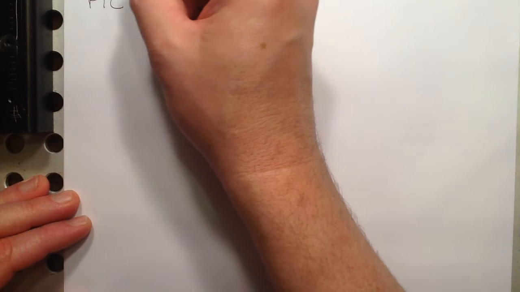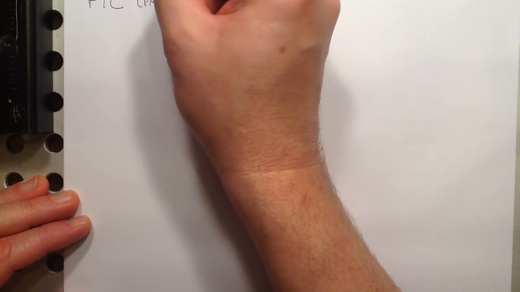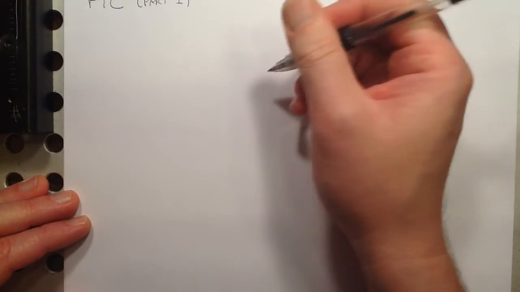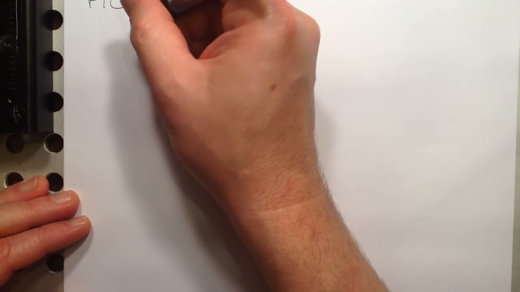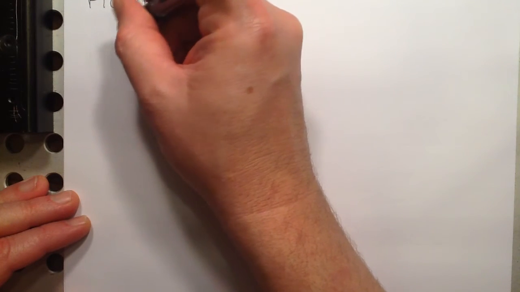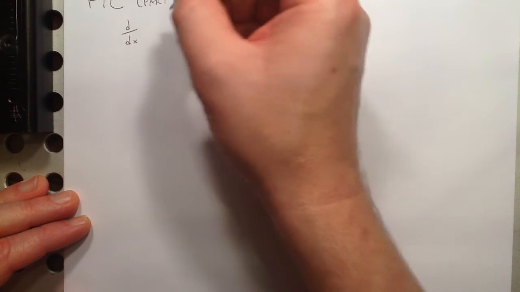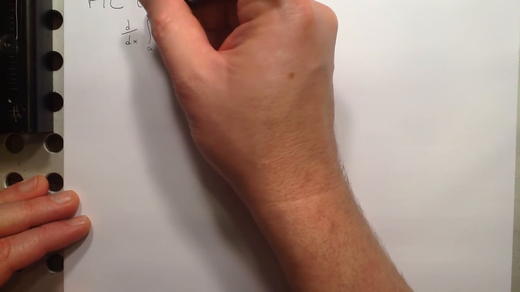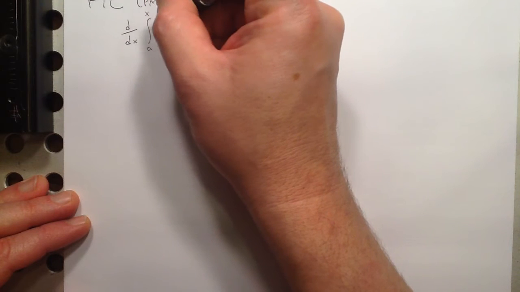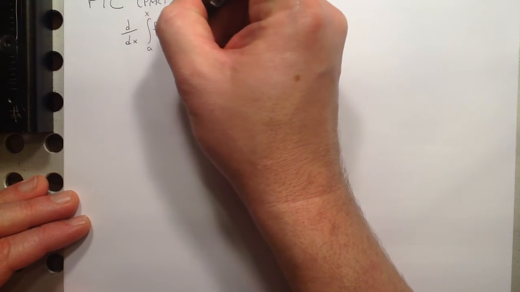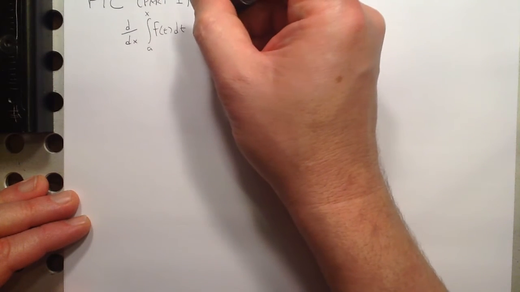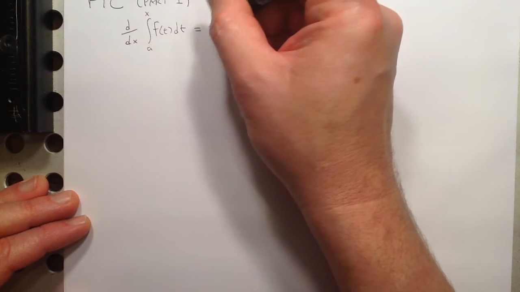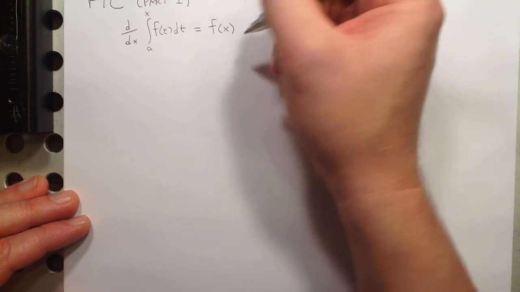FTC part 1 says that the derivative of this area function from a to x of f of t dt, we use the t's, that's just a dummy variable, is equal to f of x.